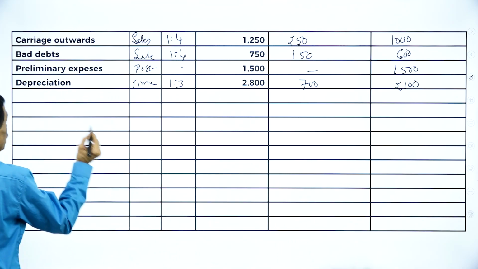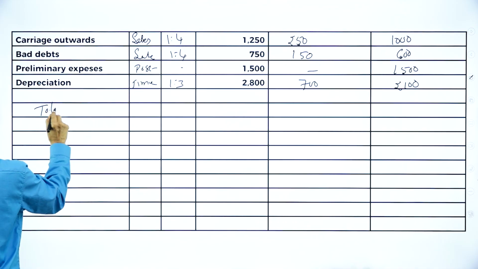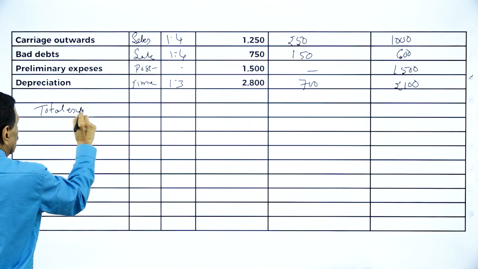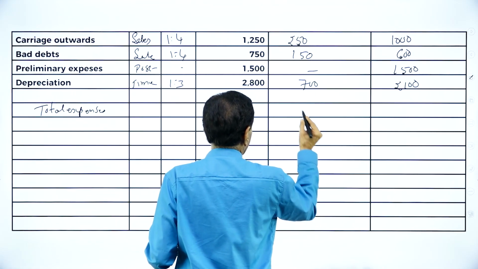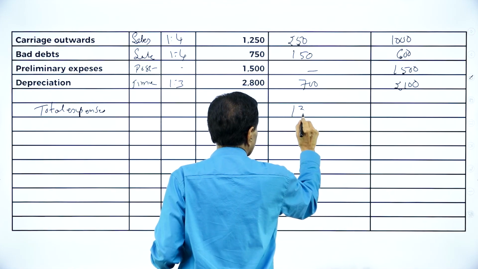Total expenses of the pre-incorporation period 13,000.